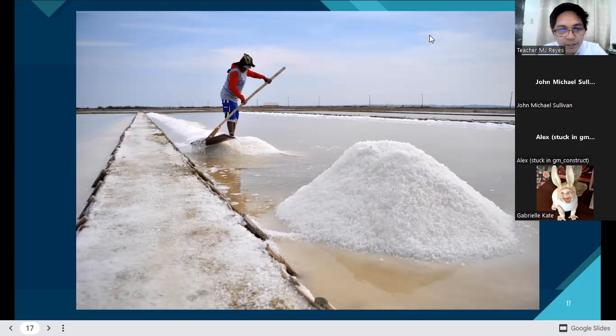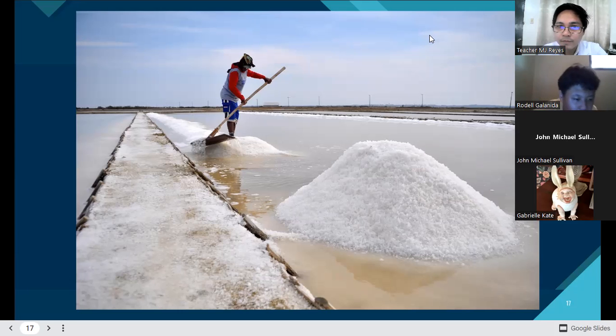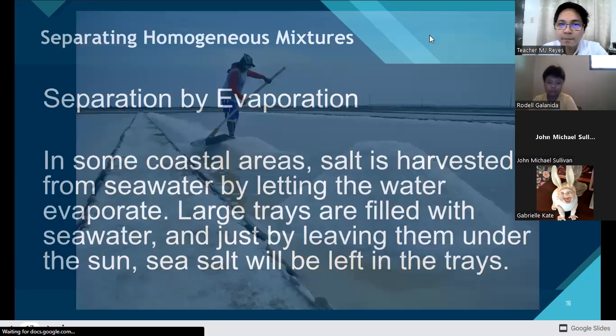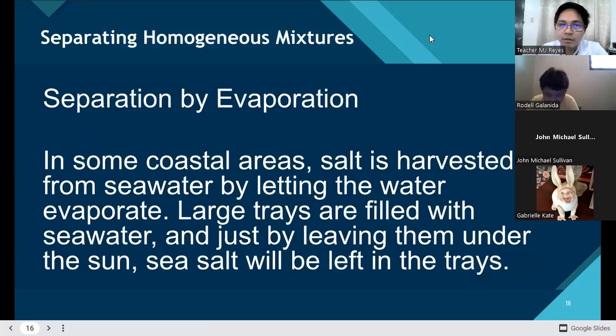Do you have any question with separation by evaporation? Question so far, grade 6? No, teacher. What do they use to evaporate it? We use the evaporation method. The use of it is for us to separate water and salt.